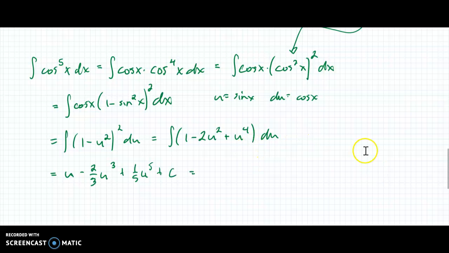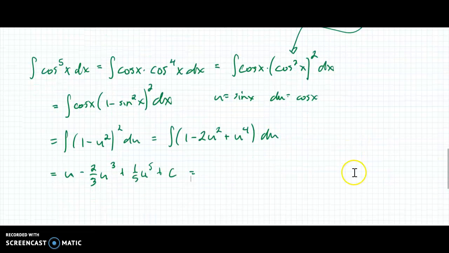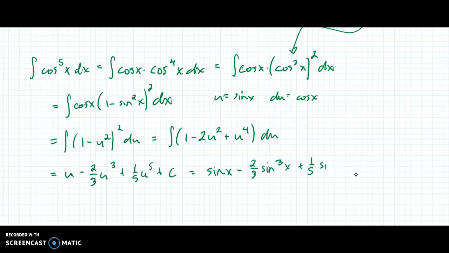And then my last step is simply to sub my u's back in. So now all those u's are going to change to sines. So what do I get? Sine x minus 2/3 sine cubed x plus 1/5 sine to the 5th of x plus a constant.